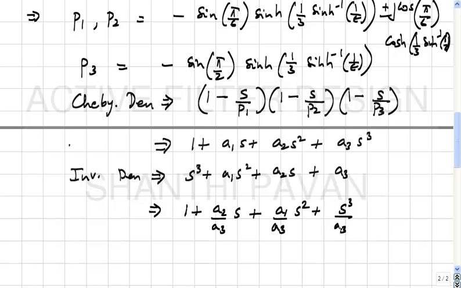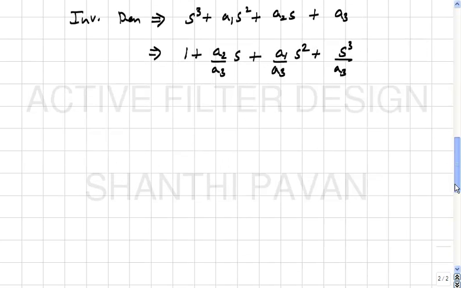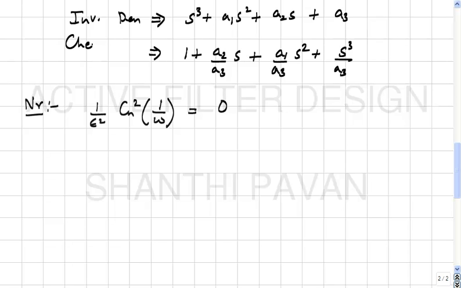Is that clear? We still have to find the numerator. So the numerator is 1 by epsilon square Cn square of 1 by omega, and you want to find the zeros of the numerator. So this is the inverse Chebyshev denominator.